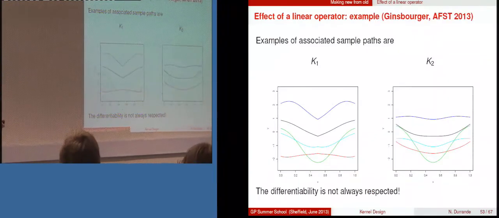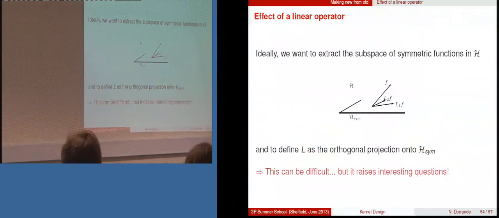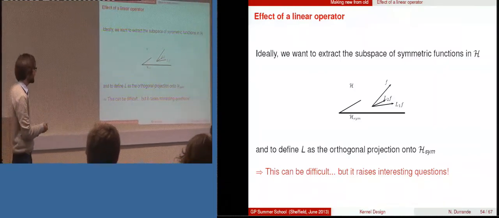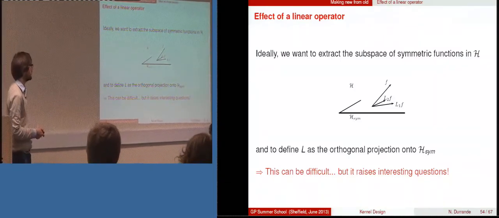But we have no guarantee. It's probably not this one, because this one breaks the regularity. There's one linear operator that will make more sense than the other, the one that corresponds to an orthogonal projection. But that can be a difficult question to answer.